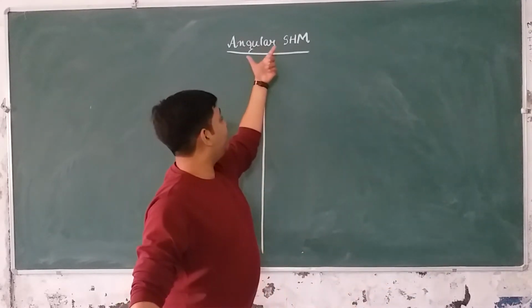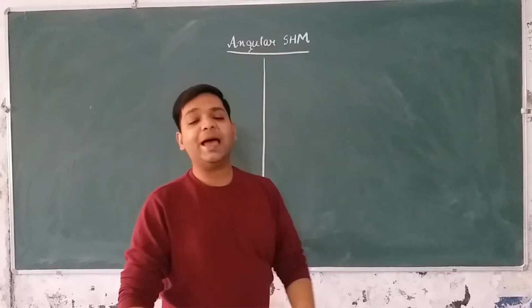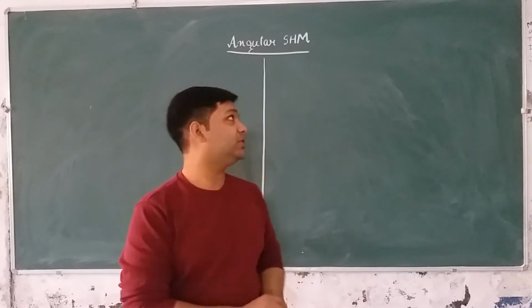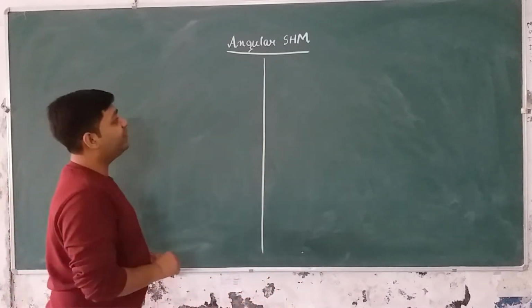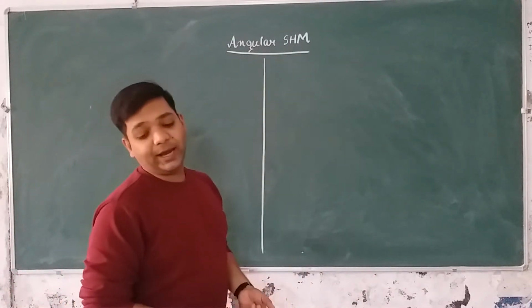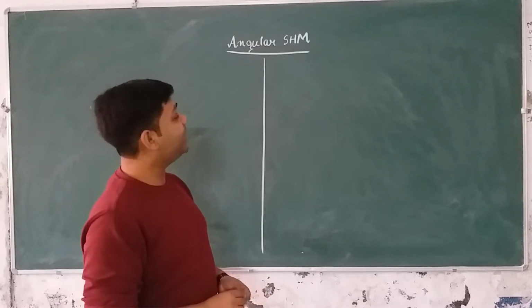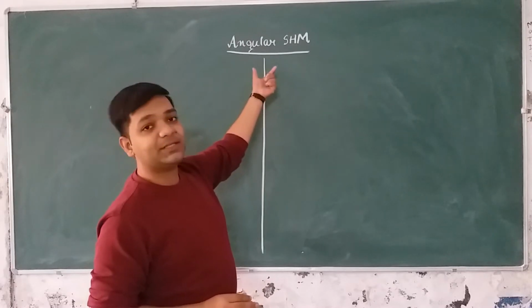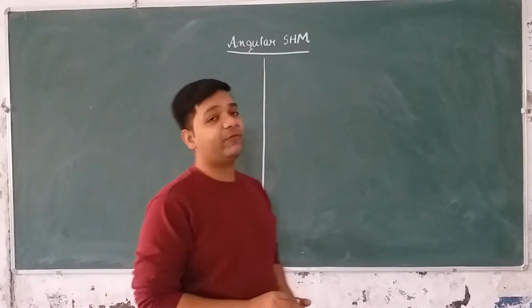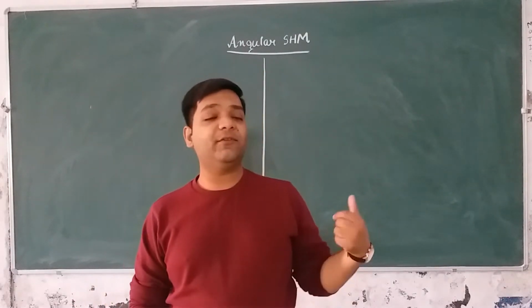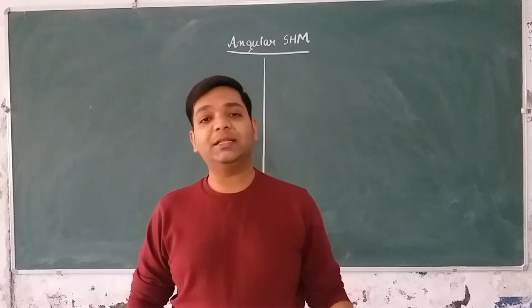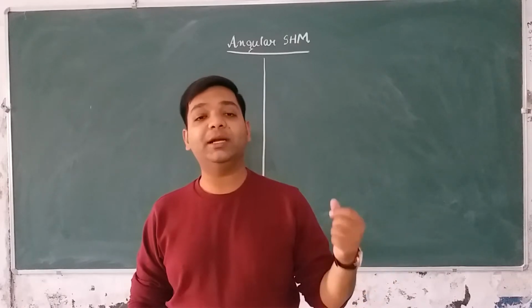So what do we mean by angular SHM? Angular SHM is nothing but an angular version of SHM. So please write down the definition. Angular SHM is the angular version of SHM. Now here, instead of having linear displacement, the system will be having angular displacement.